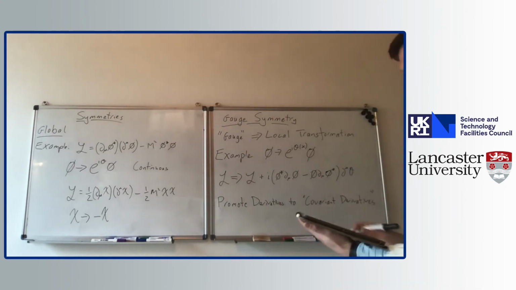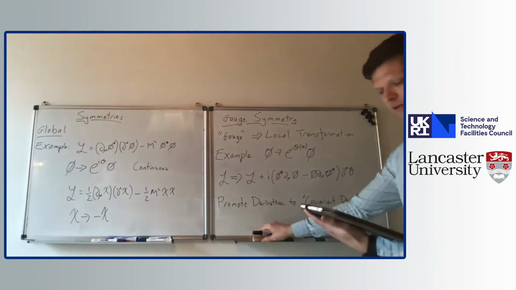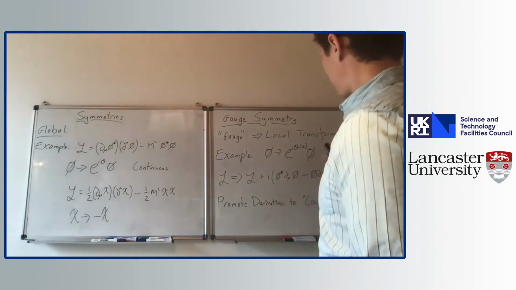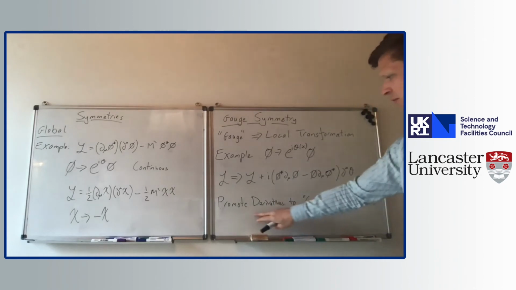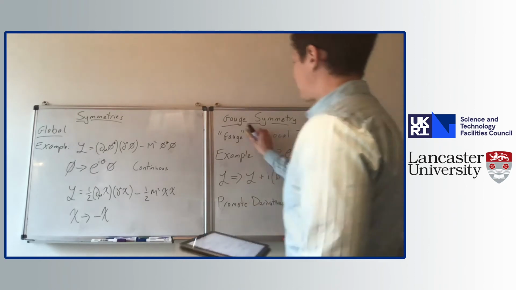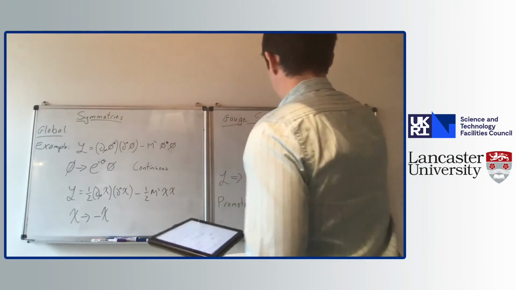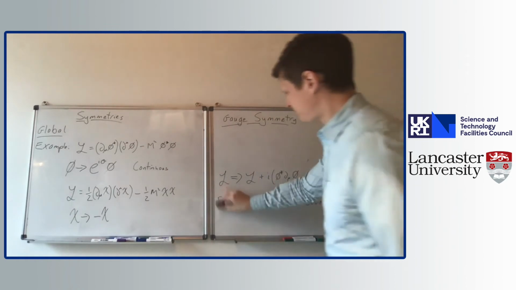Okay, so what does this look like? For this theory, we could write it like this. So I will rub this out, just recall this. We want to promote the derivatives to being covariant derivatives. What that means is that we introduce a field that we will call the gauge field, which can absorb this transformation.